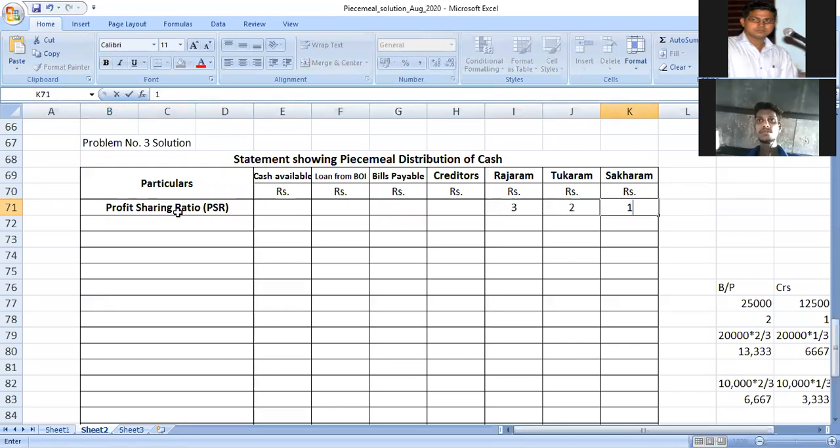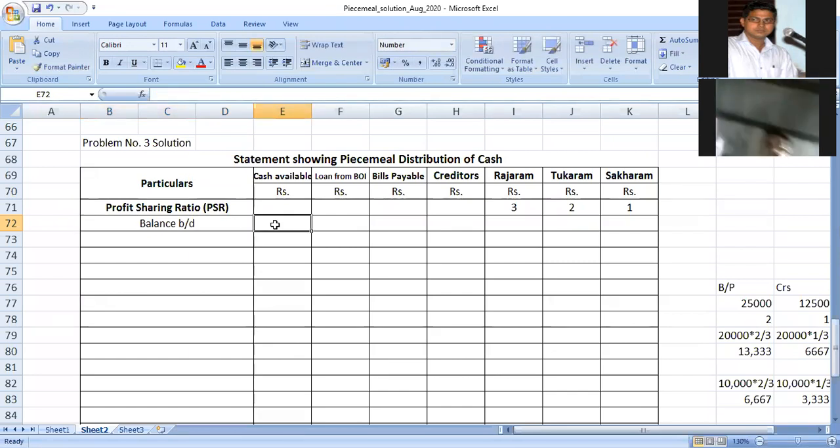We know that. Then we will record here balance brought down, cash available. If you see the asset side of our problem, they have provided cash at bank 25,000.